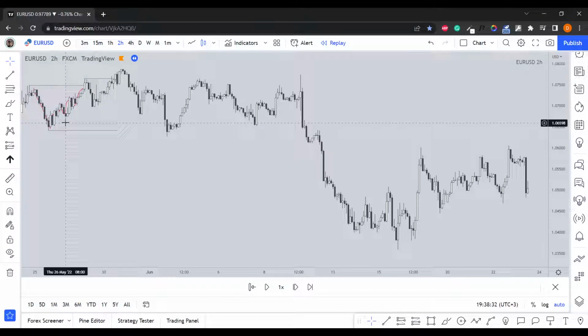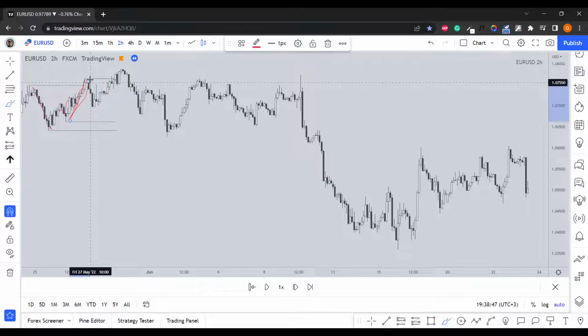This part we will also discuss a bit later, but for now just observe and try to see what I mean here, and then in the next session we will see exactly how to mark up the structure.